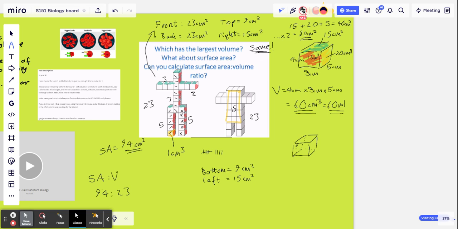But if you want to talk about how much bigger the surface area is than the volume, it's difficult to really say, so we leave it like that. And when you do the same here, you'll see that rather than it being 94, it's going to be a much lower number. So that is a brief introduction to what surface area to volume ratio is all about.